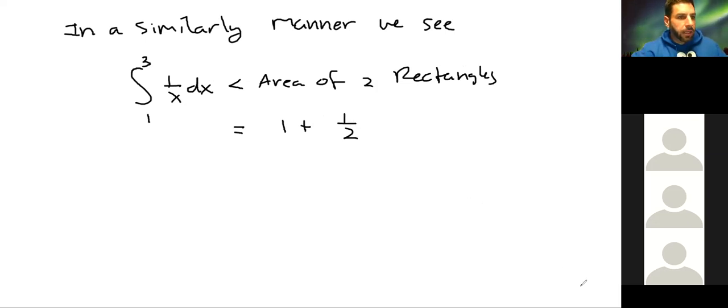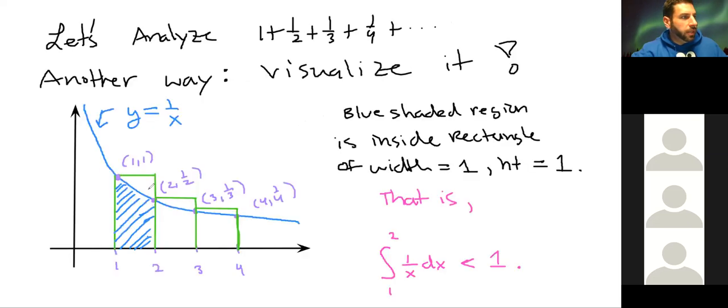So if I go back to the previous page, you will see that the first rectangle has, let's write that down, it's very important, area 1. Here it's 1/2. Here it's 1/3.